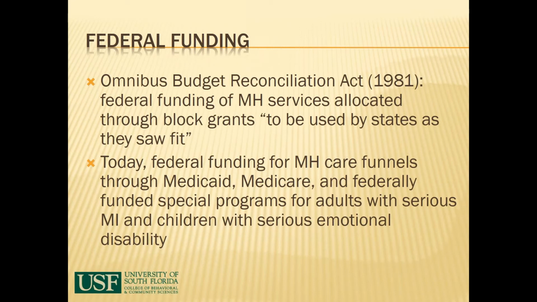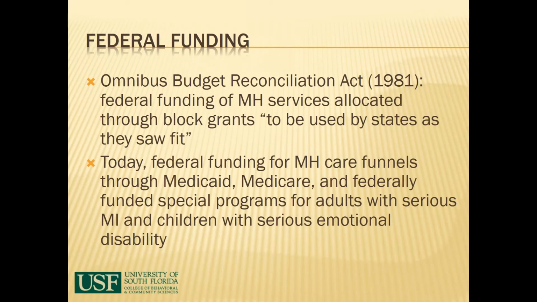Today, what you will see in a lot of community mental health centers, frankly speaking, is that they have a tendency to work with lower income individuals with mental illness. People who maybe have Medicaid or Medicare as their primary funding sources. And that's how a lot of the federal funding comes into play.